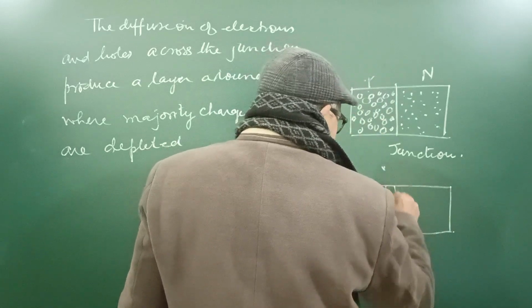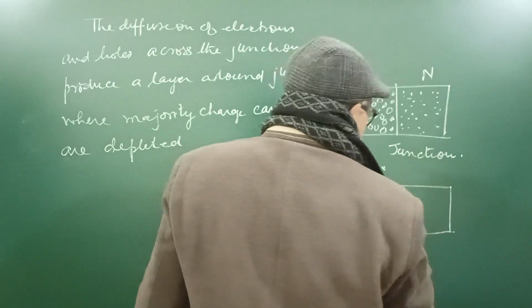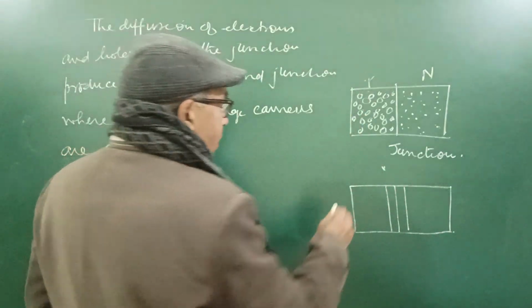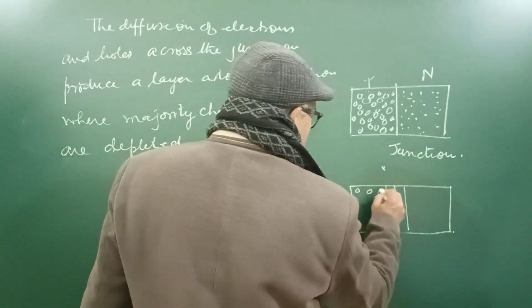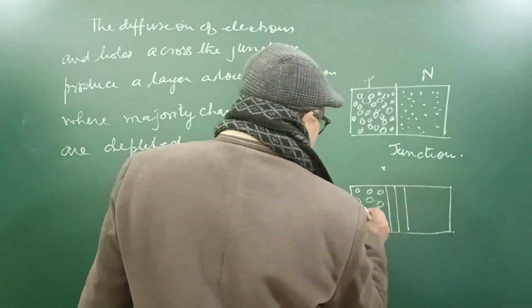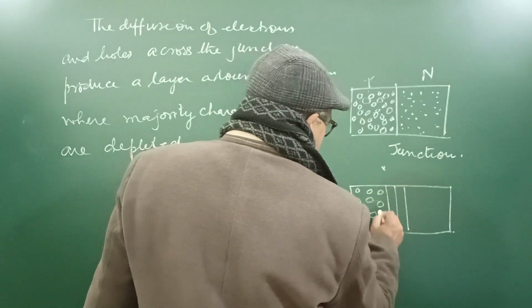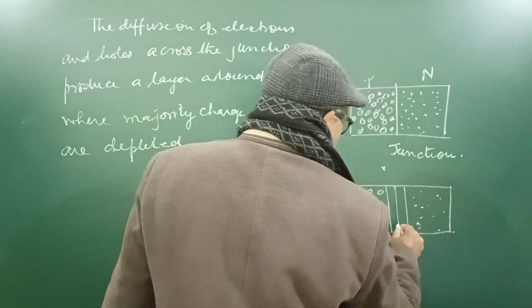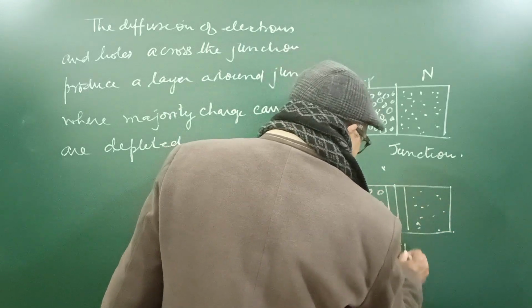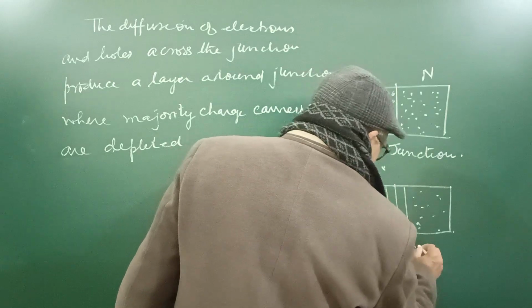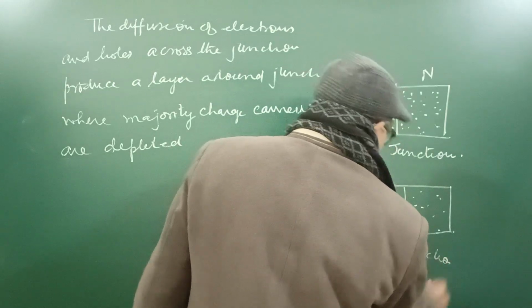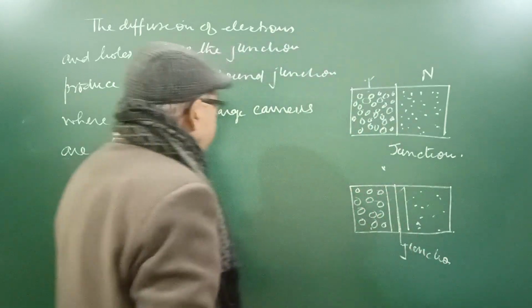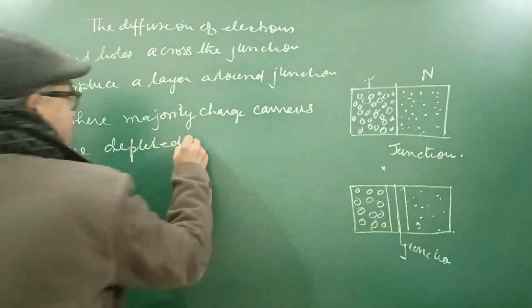There comes a region where majority charge carriers are depleted. Here are holes. Here are electrons, the majority charge carriers. This is the junction. So this layer is depleted.